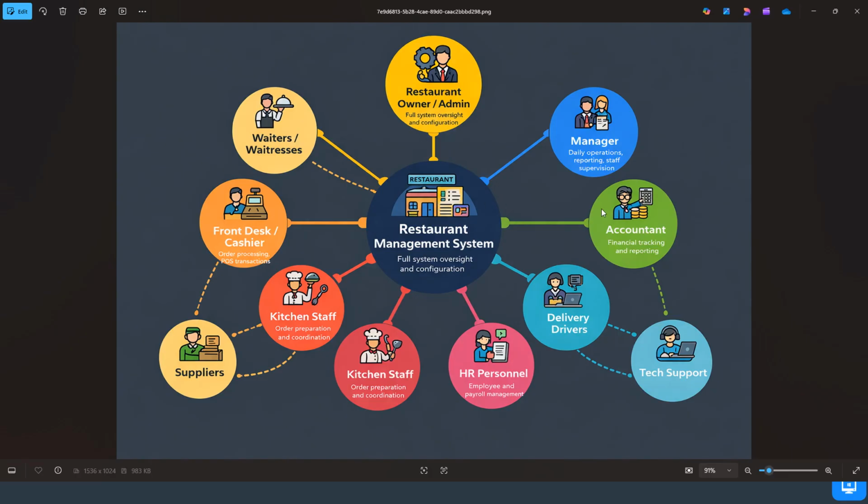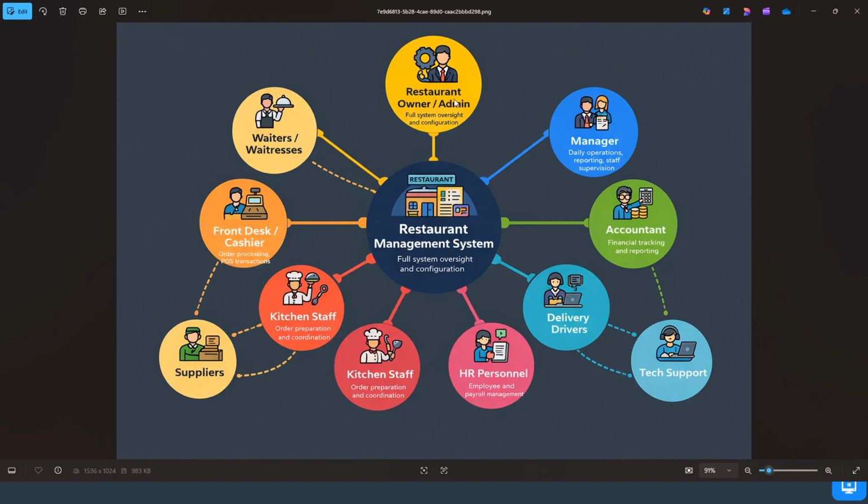The accountant is going to do another report and hand it over to the manager, just so they understand what actually transpired for that day. They do this daily as long as the business is operational. So these three have that circle of reporting. The manager now brings that report to the owners of the restaurant.